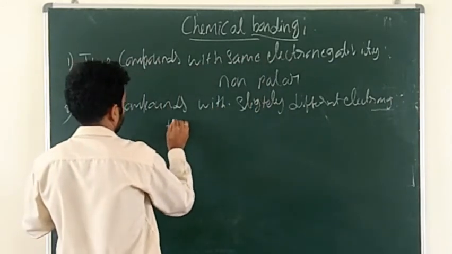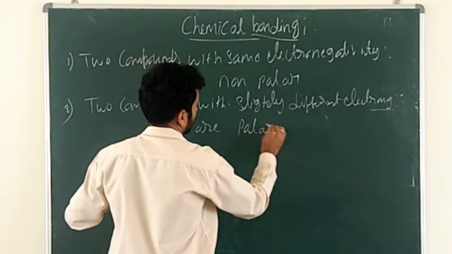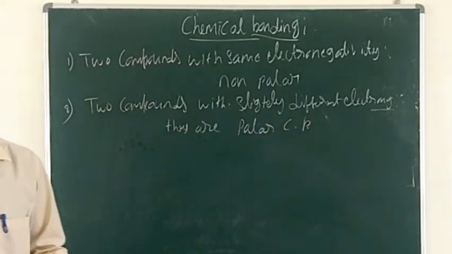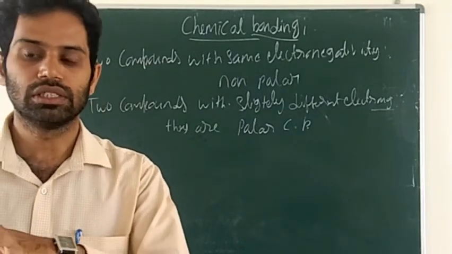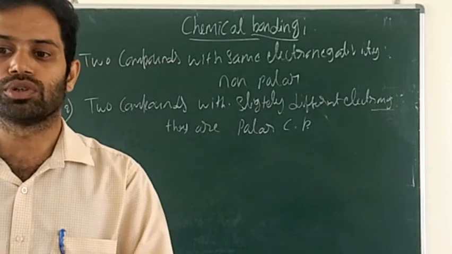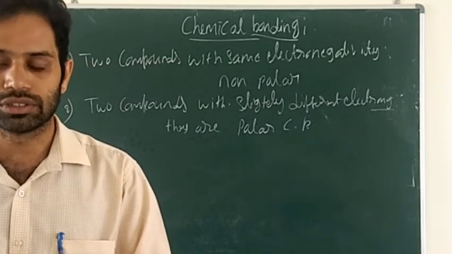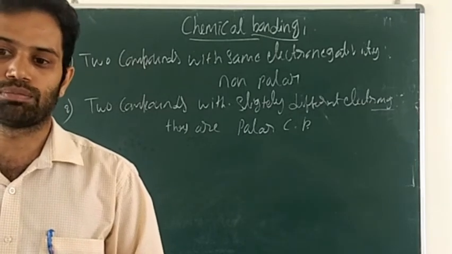One is positive, another one is negative, so that is a polar covalent compound. Examples: HCl, H2O, ammonia, hydrogen fluoride, HF. These are the examples for the polar covalent compounds.